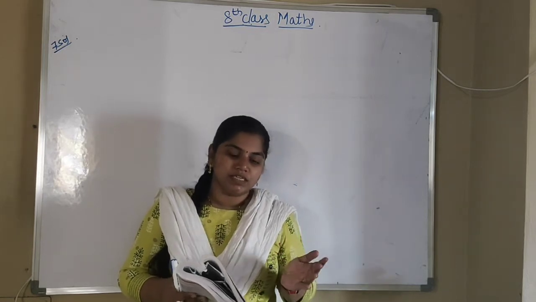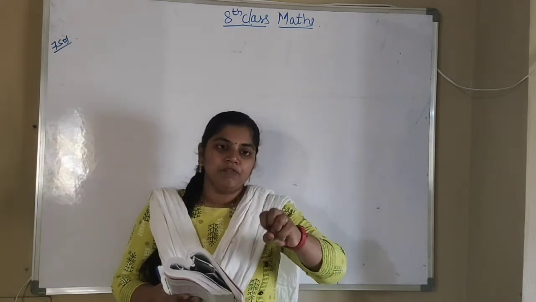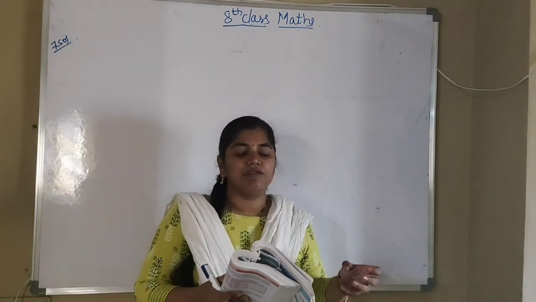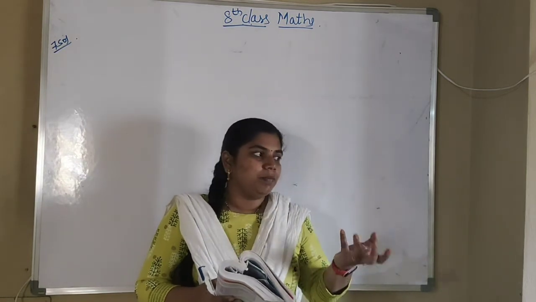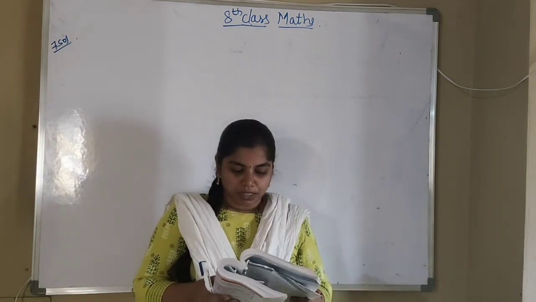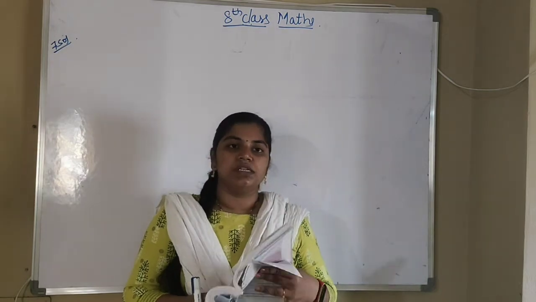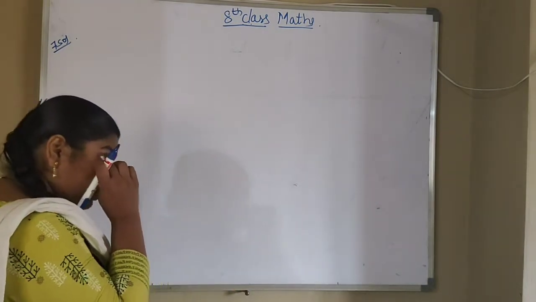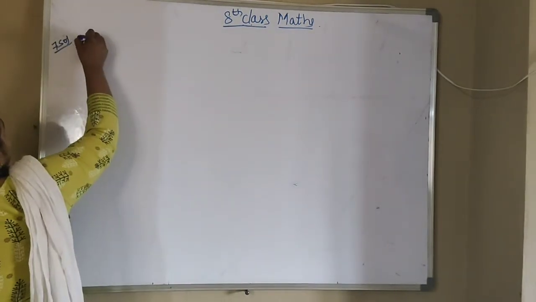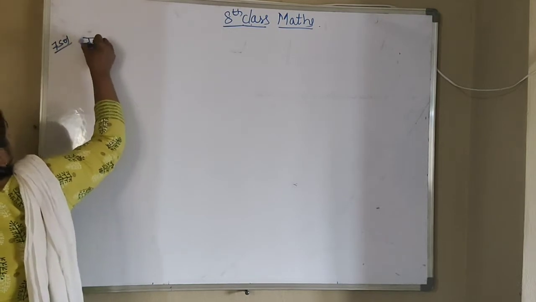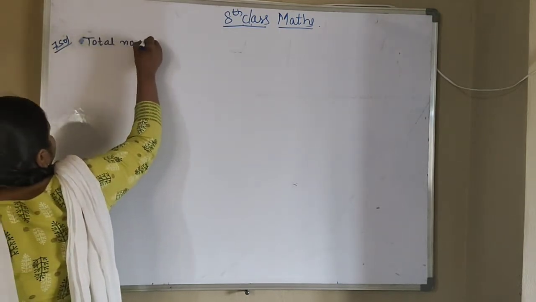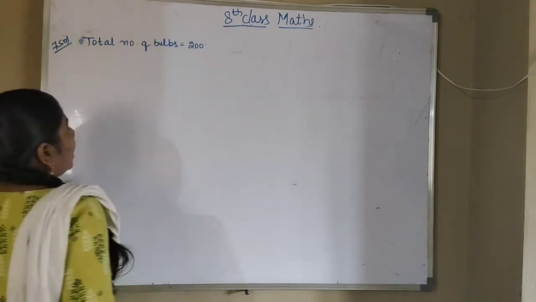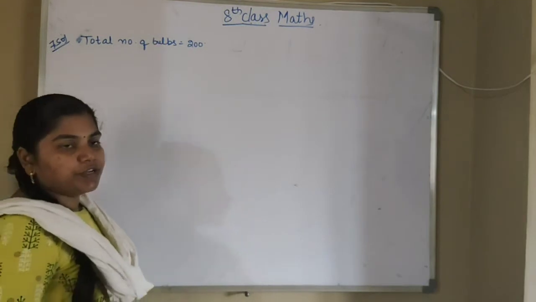The remaining bulbs: in 200 bulbs, 5 are fused, and how many bulbs are remaining? That is 195 bulbs remaining. Each bulb he has sold for 12 rupees. So find the gain or loss percentage. We have to find the gain or loss percentage. So first, how many bulbs has he bought? Total number of bulbs is equal to 200, and each one he has bought for 10 rupees.